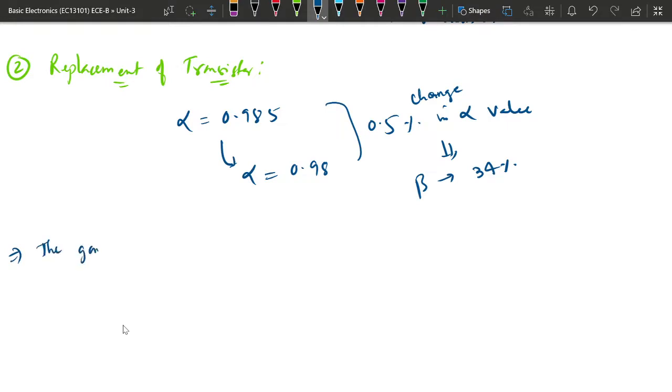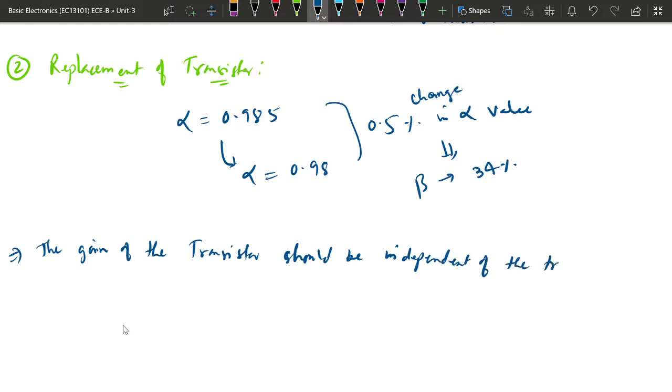So the gain of the transistor should be independent of the transistor's parameters, that is ICO, alpha, beta and VBE.